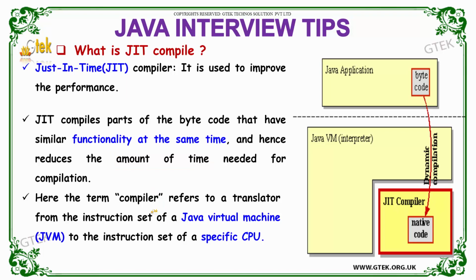Here the term compiler refers to a translator from the instruction set of Java Virtual Machine, that is the JVM set, to the instruction set of a specific CPU. So this is known as JIT compiler or just-in-time compiler.